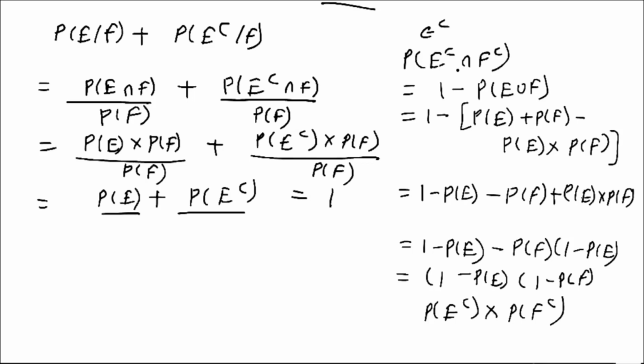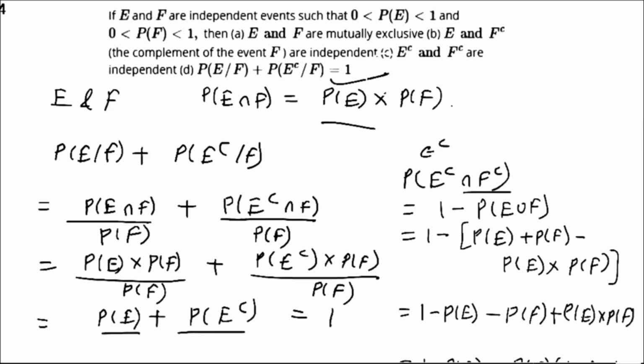So basically the probability of E complement intersection F complement is also expressed in the form of independent events. Therefore E complement and F complement are also independent events. So this C is also the correct answer.